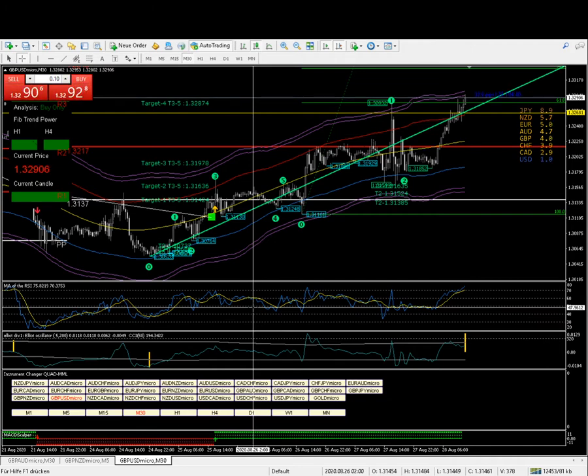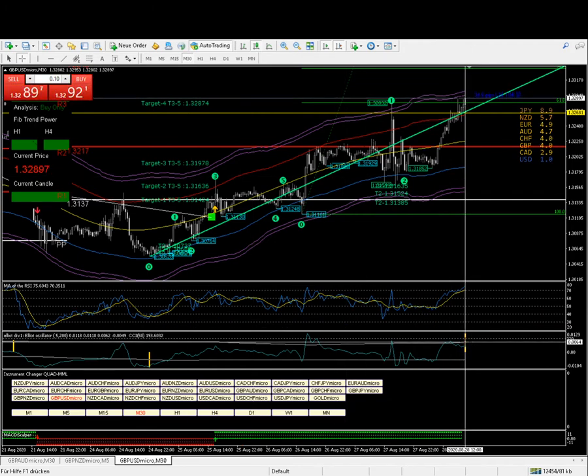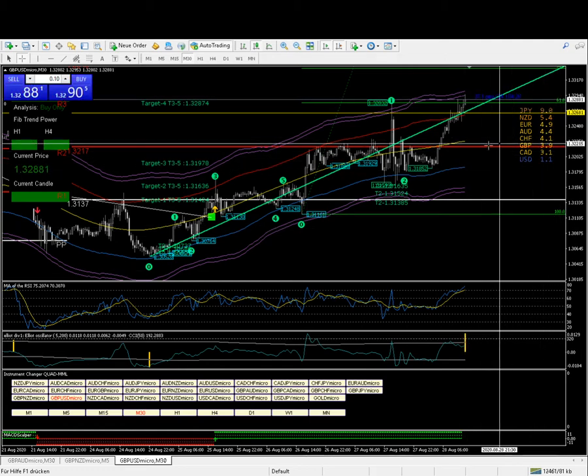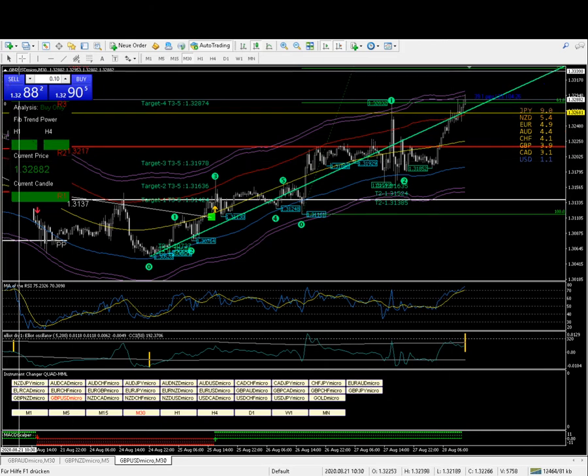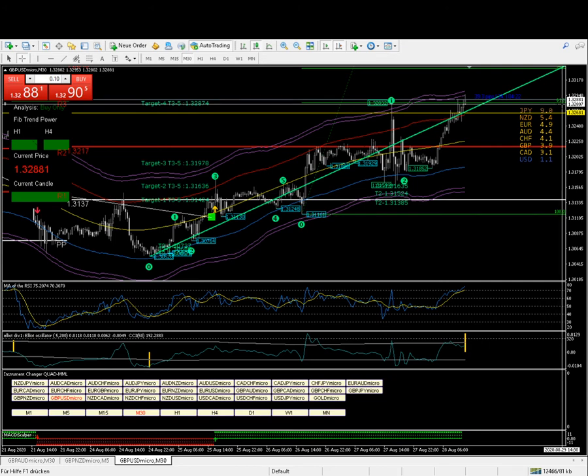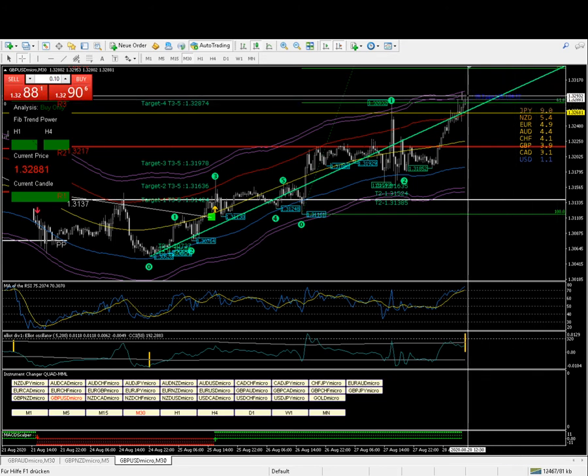With a spike you are safe. It can repaint, but it's a first signal which will show us maybe the end of a trend. At this moment on British Pound USD, you see we are above the 61.8 line.